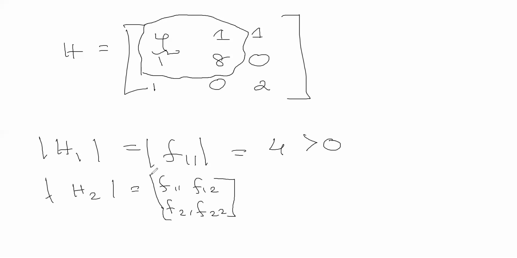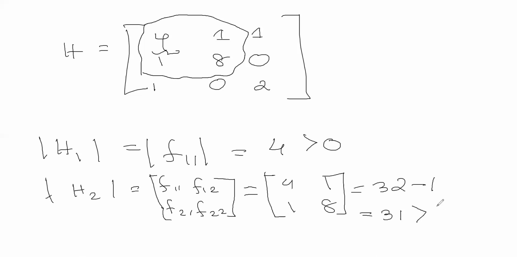So here is your matrix formed. Now you plug in the values for the 2 by 2 case. So you get 4, 1, 1, and 8. By now you have learned how to identify the determinant, so I'm keeping the calculation short. This is 32 minus 1, which will become 31, and this is also greater than 0.